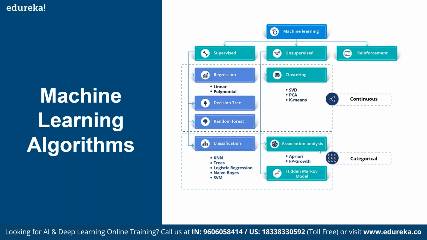Then we have association analysis. Association analysis uses algorithms like Apriori or FP-growth, where we are trying to find association between items in a data set. For example, if I have a supermarket and I want to place items so that my sales go up and it is easier for people to access things, right? So I'll use an association analysis algorithm.